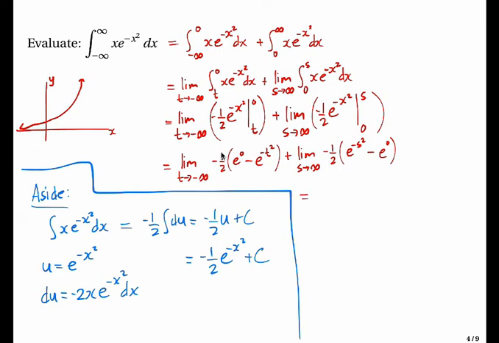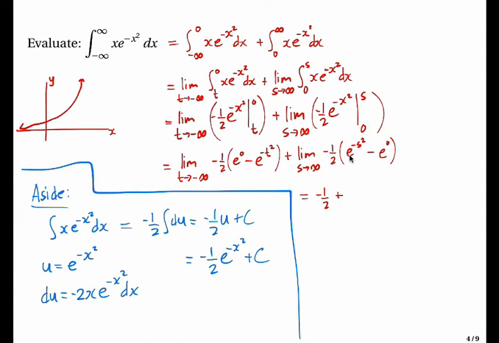Well, we have minus 1/2 e to the 0. That's just minus 1/2. And as I have said, this will go to 0. And then plus, we have here minus 1/2 times e raised to negative s squared, with s going to plus infinity, so s squared is still plus infinity.